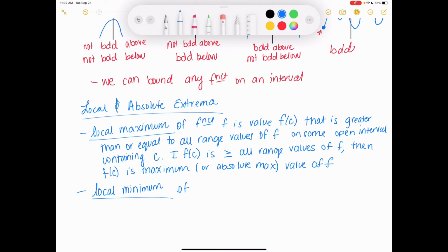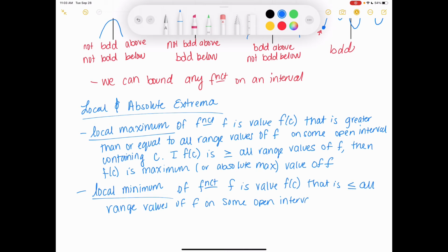So local minimum of a function f is the value f of c that is less than or equal to all range values of f on some open interval containing c.